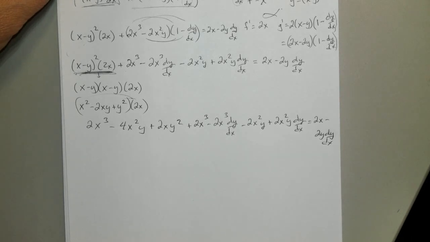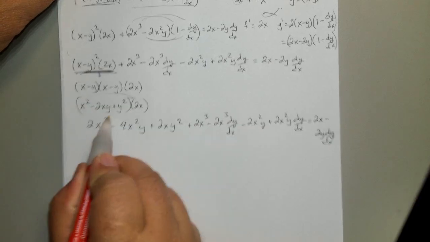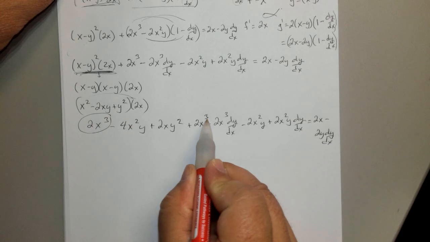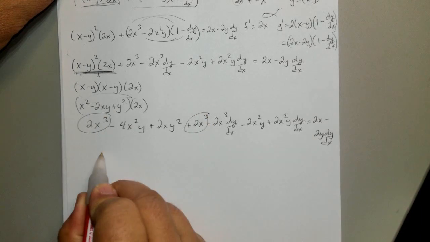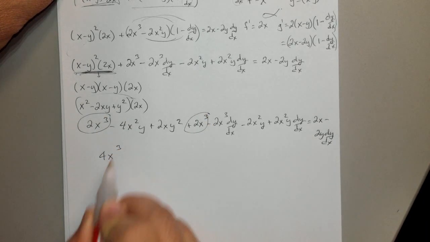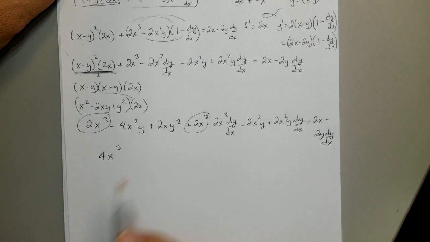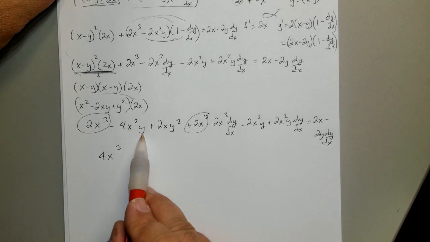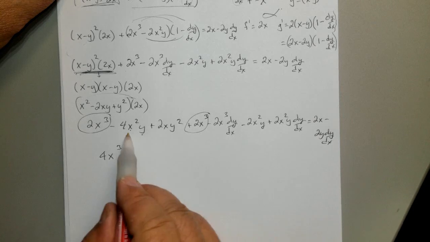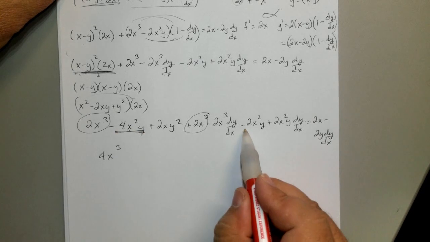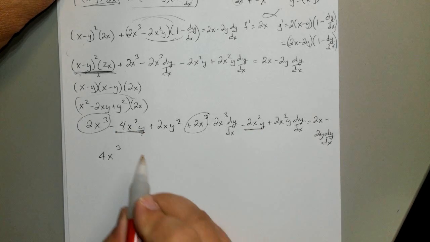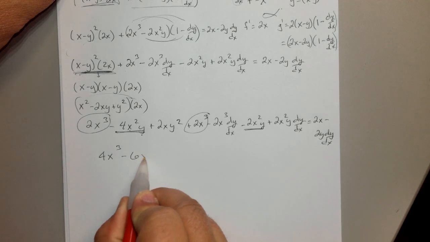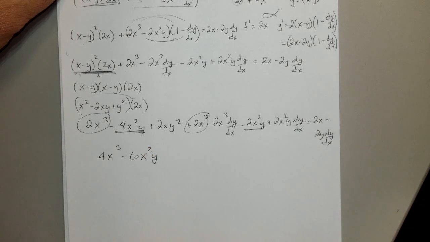So can we combine anything? 2x cubed plus 2x cubed makes it 4x cubed. Do we have any x squared y's? Minus 4x squared y minus 2x squared y is minus 6x squared y.